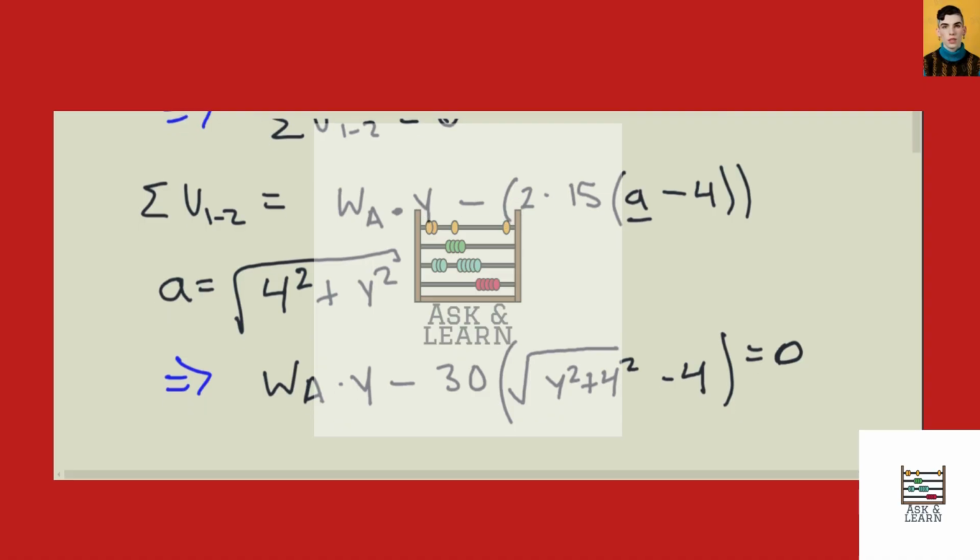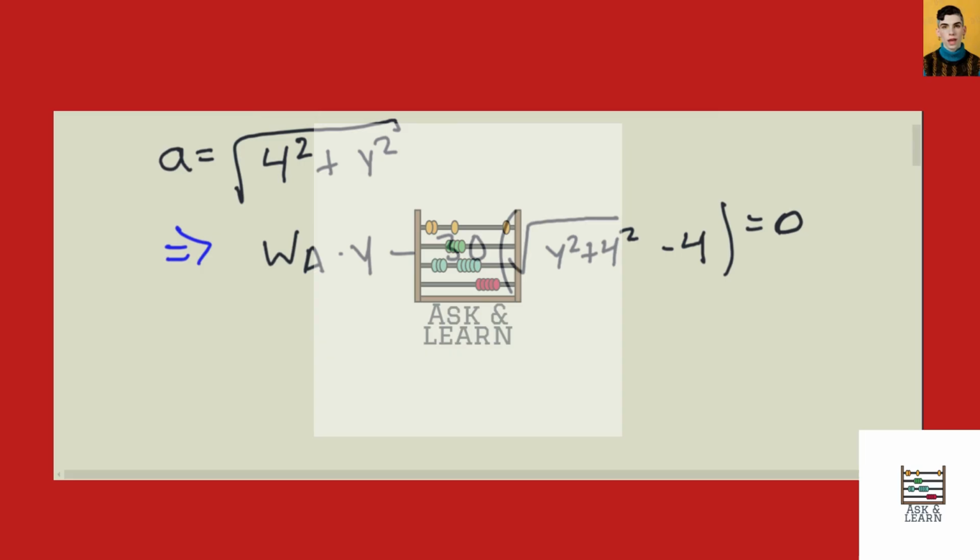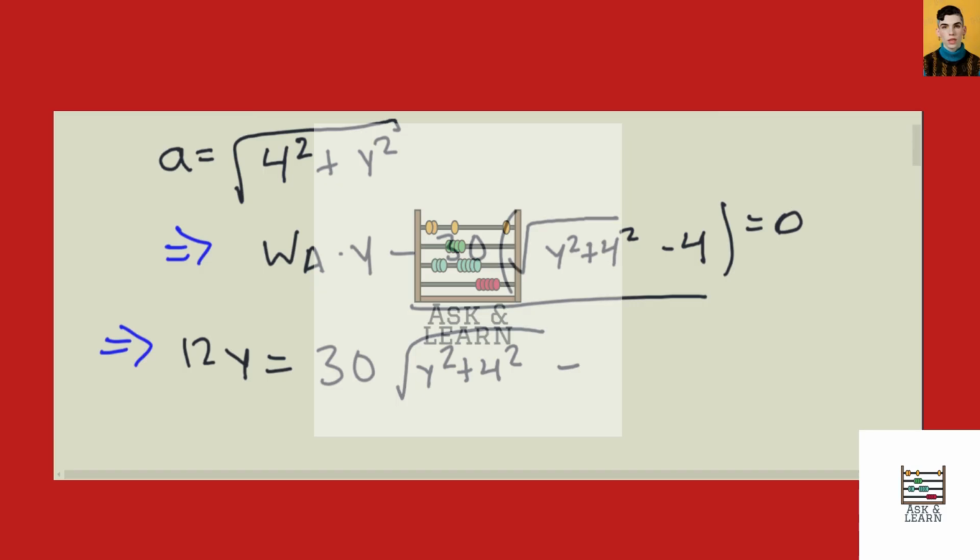So now let's plug in some numbers. So we have, well, the weight due to block A is 12. So here we have 12y, and the stuff over here we can move to the other side. So we have 12y is equal to 30 distributed to the first one, square root of y squared plus 4 squared minus, and then distribute the 30 to the negative 4. So we have minus 120.